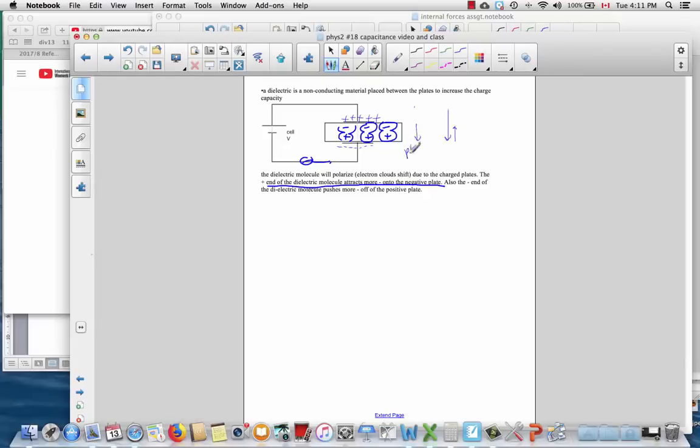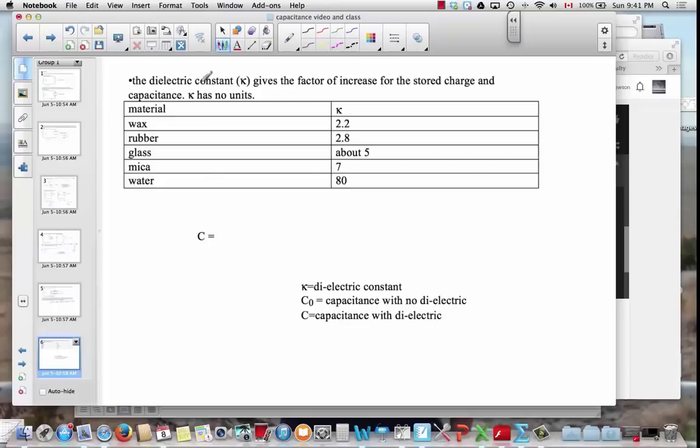So this was the field of the plates before, and then this was the field of the plates after, but we also have to consider the field of the dielectric. And the result of those two together is the net field has not changed. Represented by a dielectric constant. And this just is the factor of increase for the stored charge.